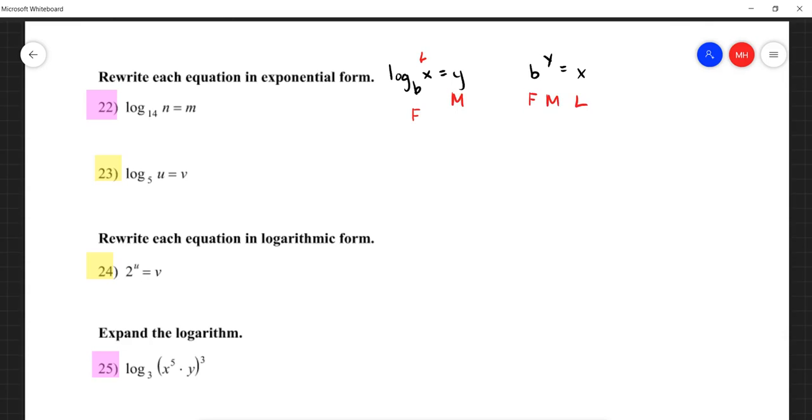So over here I have log base 14 of n equals m, so I have first, last, middle, and when I rewrite it, we want first, middle, last. So 14 to the m equals n. And I can go back and forth between those two forms, so I could go from log to exponential and exponential back to log.